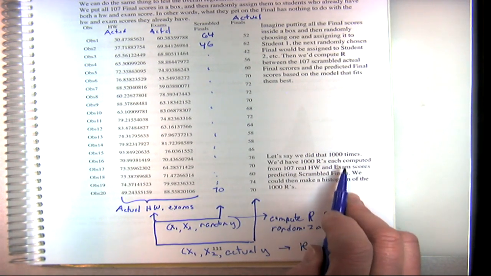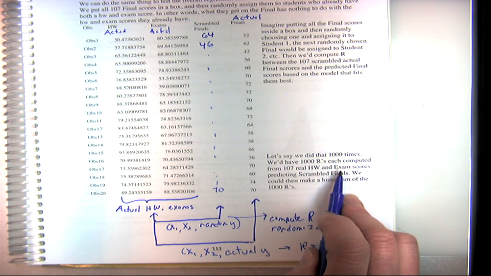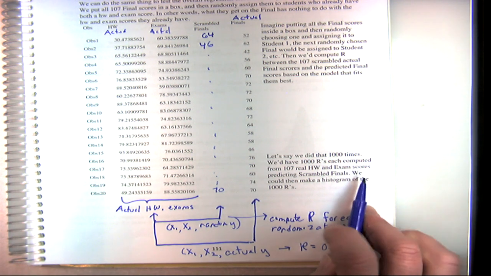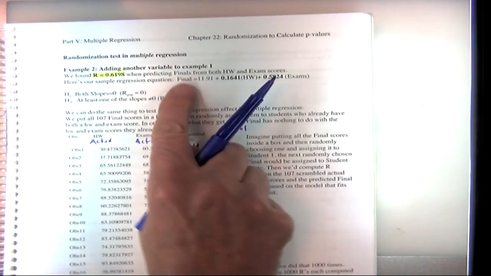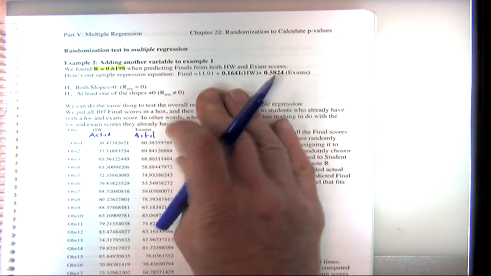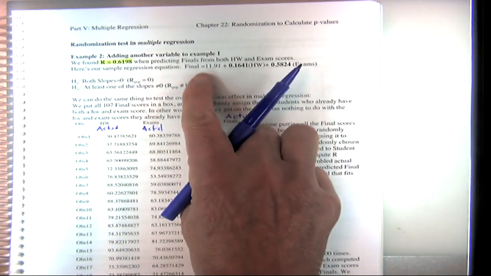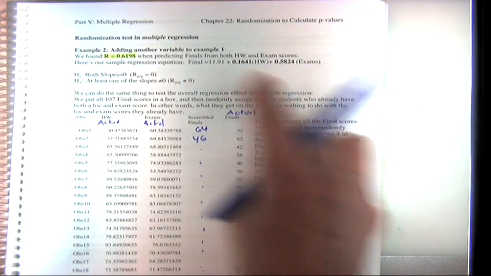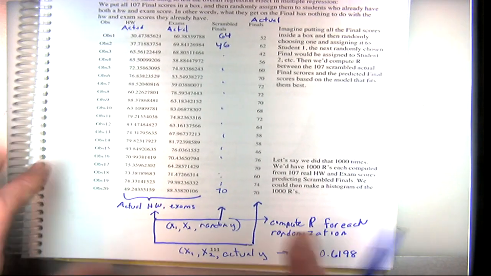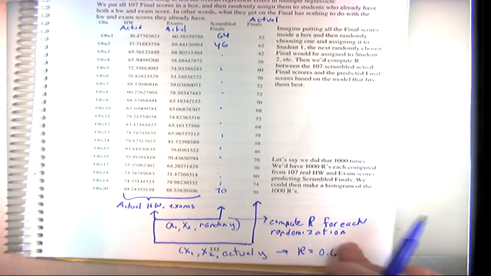We keep those paired up, right? Because we just want to see how well those would predict some scrambled final, because that's the null. The null is that our model, this model in predicting final, does no better than random chance. You might as well just predict the average of all 107 finals, which is what you'd do if it was just under randomization.